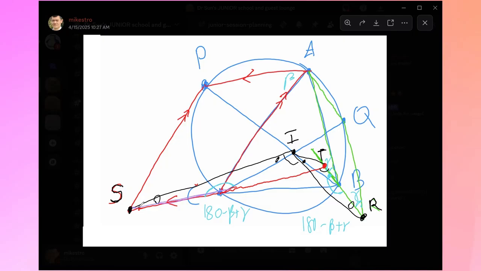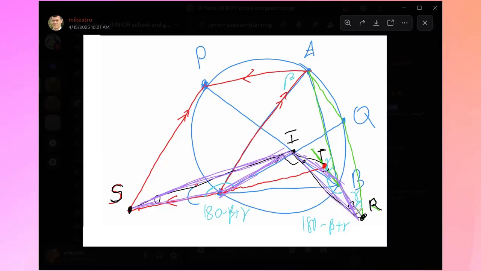So this triangle here, and this triangle here. So what's interesting about those triangles?